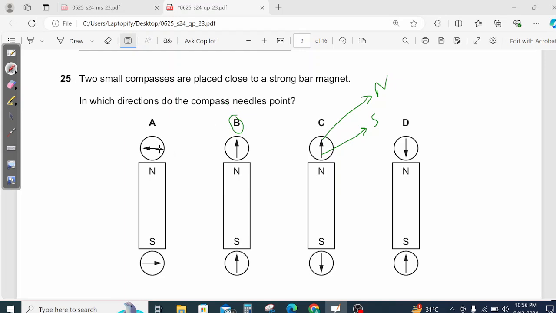If you look at this one, no, the direction is incorrect. If you look at this one, this side is okay, but on this one, south is attracting the south, it means this is the wrong side. And on this one, north is attracting the north, because the arrowhead shows the north. North always repels the north, that's why your option will be D only.